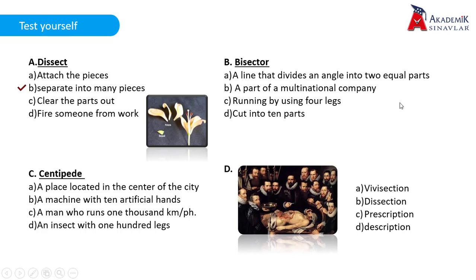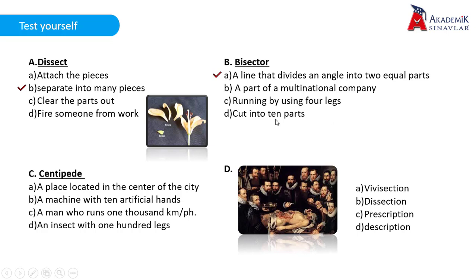Okay? The other one is bisect or bisector. We expect it to be something with two parts because it is bi. So it refers to a line that divides an angle into two equal parts.